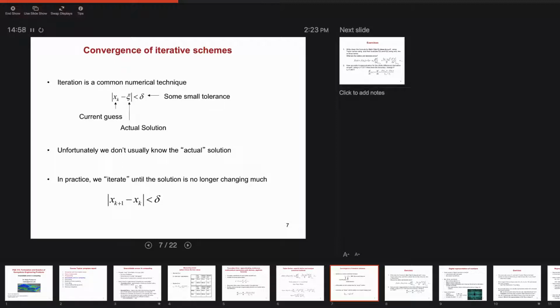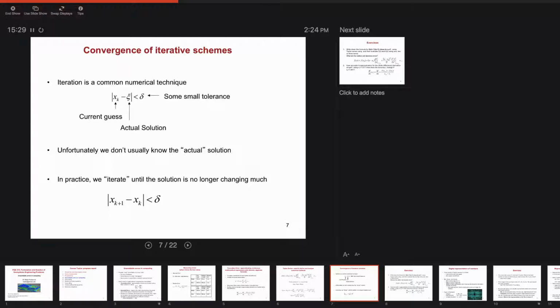In two neighboring iterations I get two values, and I evaluate how close they are. At some point I decide these are close enough, they're 0.0001 apart, that's close enough for me, I'm going to stop. So whenever we develop algorithms that iterate toward a solution, we stop when the solutions in two steps get very close.